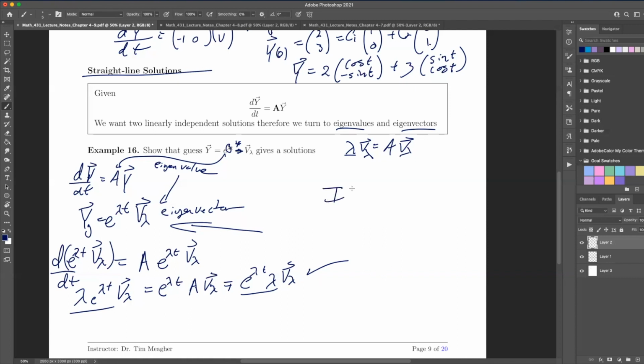So if lambda 1 does not equal lambda 2, and let's just say for now they're real, then the guesses are e to the lambda 1 t v lambda 1 and e to the lambda 2 t v lambda 2.